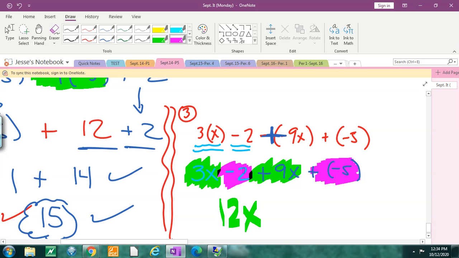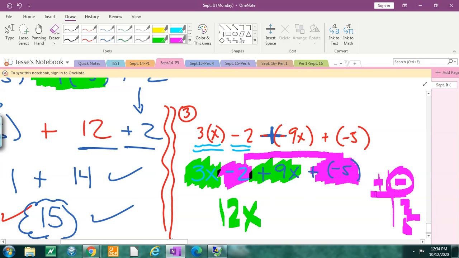Okay. So see how the negative 2 is a number? So you're going to add it with the other number. So what's the other number? It'd be 7, right? But if you do the T-chart, they're both going to be on the negative side. So yeah, it's 7, but what's your answer?